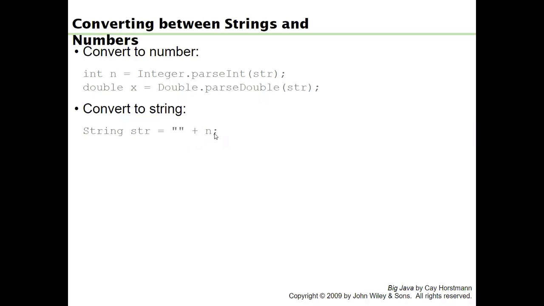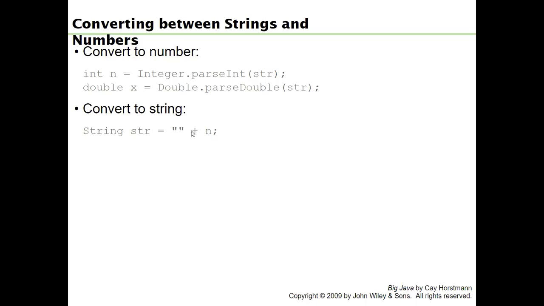So it'll automatically convert that to a string. So here's the cheap and easy way of converting numbers to strings: you take the empty string and add your number to it, and it will automatically convert the number to a string, and now it's a string.